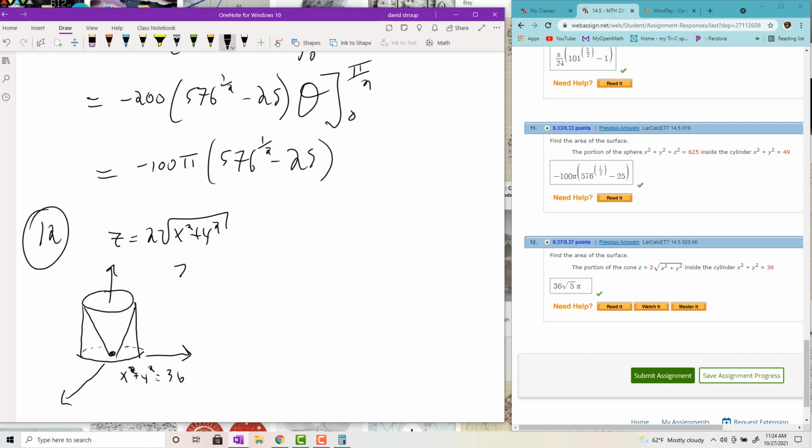I need my partials. So z_x is 2 times 1/2 times (x squared plus y squared) to the negative 1/2 times 2x, which is just 2x all over the square root of x squared plus y squared. z_y is the same thing but with a y.